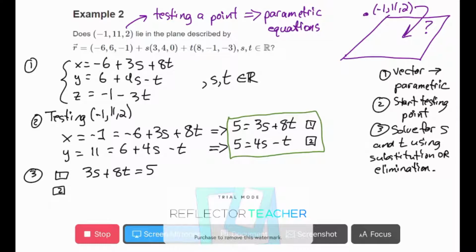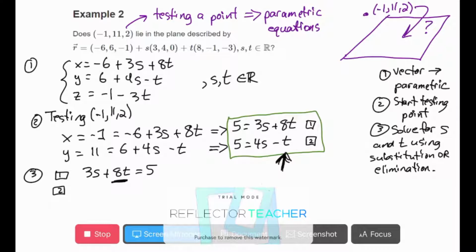And I need some multiple of equation 2 where a variable is going to cancel out. And I want to cancel out my t variable. So see here I have 8t. How can I make the coefficient in front of this be an 8 or a negative 8? I'm going to multiply that whole equation by 8.